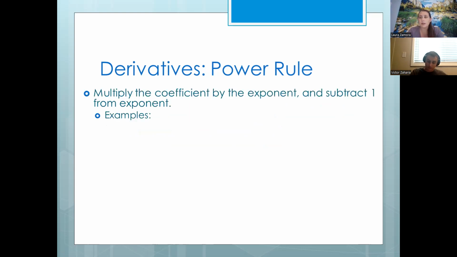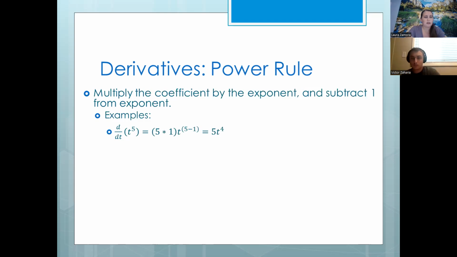The rule that has already been mentioned is called the power rule. When we take a derivative using the power rule, we multiply the coefficient by the exponent and then subtract 1 from the exponent. Here's what I'm talking about. Remember this symbol out front, d over dt, means the derivative of.